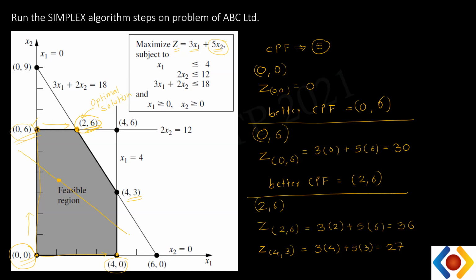This is the line of my profit function, and as I move this line away from the origin through this region, the profit is going to increase, because for these parallel lines the right-hand side will be higher compared to the right-hand side of this, correct? That's the reason I don't care about the points inside the feasible region. I just focus on the corner points.